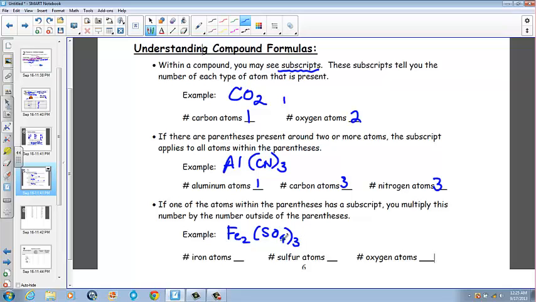So you'd have to kind of multiply it out to figure out. So you have 2 irons, and then 3 times 1 sulfur would mean that you have a total of 3 sulfurs. And you have 4 oxygens, but there are 3 O4s. So it would be 4 times 3 would give you 12.